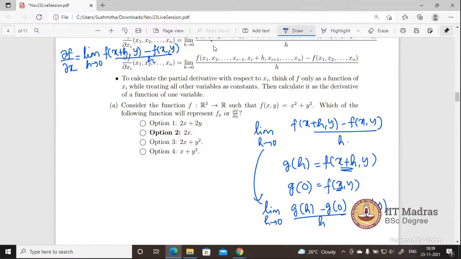But g is just a function of one variable, h, right? Okay, I don't think we should confuse ourselves so much here because partial derivatives is pretty simple.